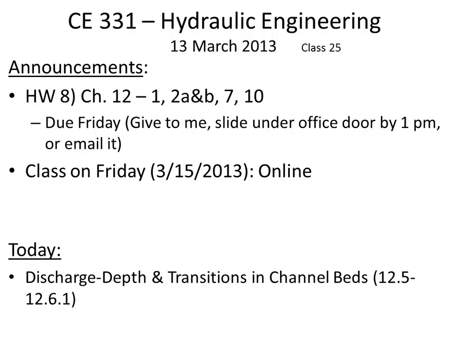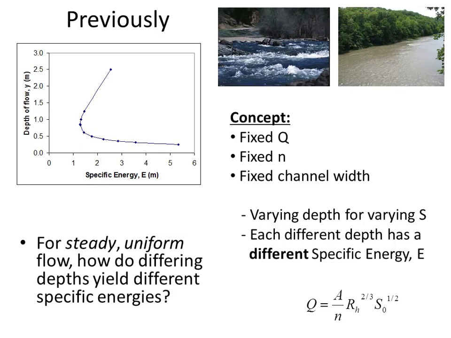All right. Well, last time we looked at the specific energy diagram shown on the left side of the screen there. And the specific energy diagram, remember, is for some certain flow rate Q and for a fixed channel geometry and a certain n value that doesn't change. But what does change is we can have a variety of different flow depths for the same flow rate by changing the slope.